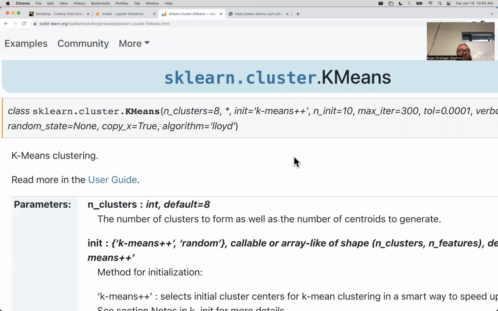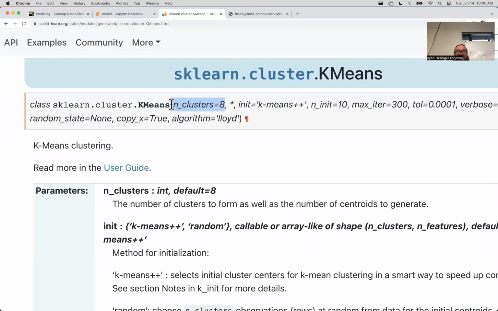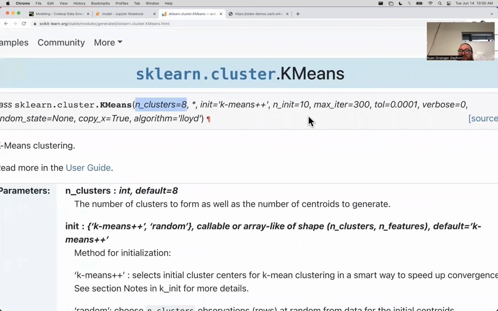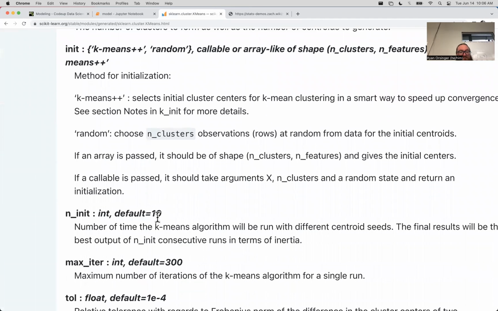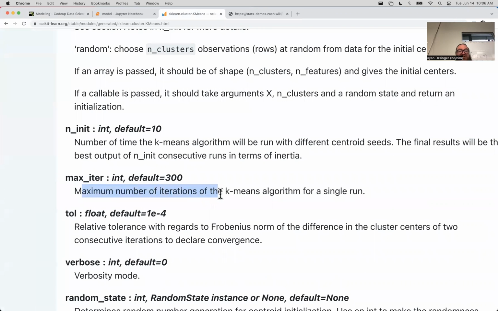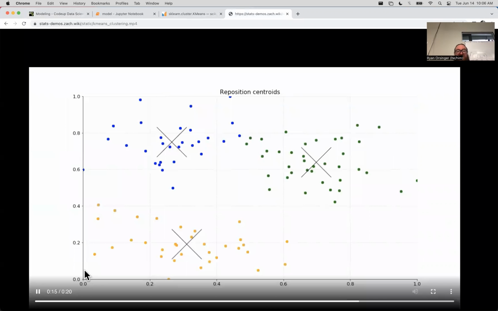In the defaults, let's take a look at the defaults here. If you don't specify number of clusters, it'll default to 8. So you have to specify the number of clusters. This max iter, that max iteration has to do with looping. Well, what is iteration? Maximum number of iterations of the k-means algorithm for a single run. So what we saw with that animation, we saw an iteration of like 2, maybe 3.